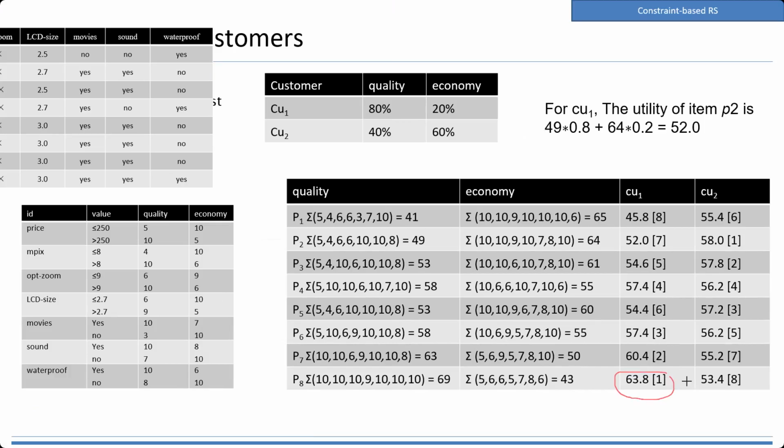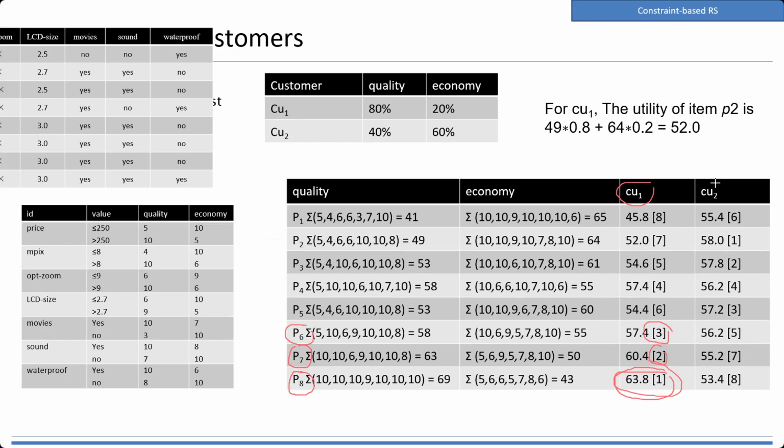Then this is ranking number 1. For customer 1, we can give the P8, P7, which is ranking 2, and P6, which is ranking 3. So we can give 3 product recommendations to customer 1.